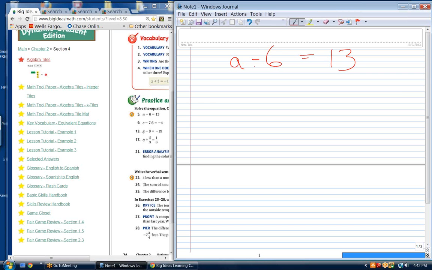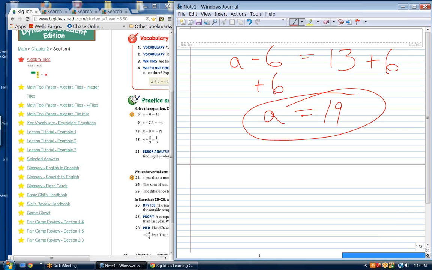So if I want to isolate a, what do I need to do to the left side of the equation? I need to add 6. Yeah. And since I'm adding 6 to the left side of the equation, I have to add 6 to the right side of the equation. Now the left side becomes just a, because a minus 6 plus 6 is just a. And the right side becomes 19.